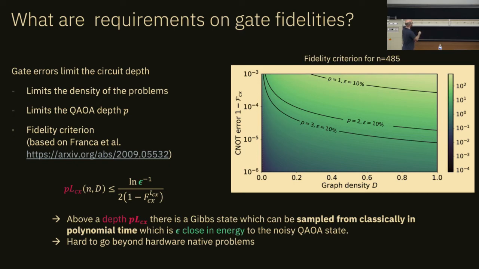And so for running depth 2 or depth 3, we're getting already into the regime of the fault-tolerant error rates. It's unlikely that you get to these error rates and that you run QAOA here, because the imposed requirements of plain QAOA are very strong.